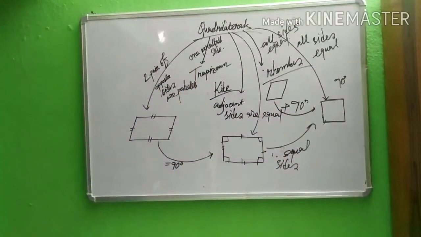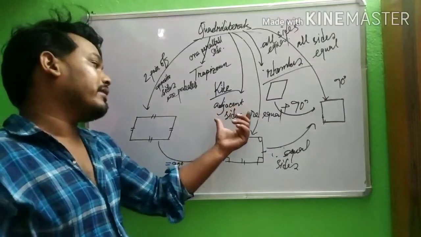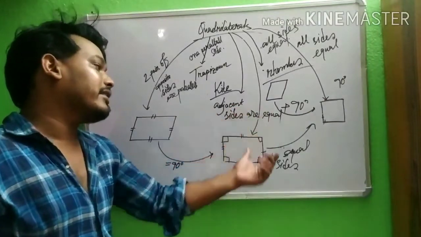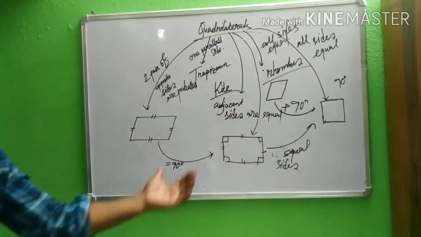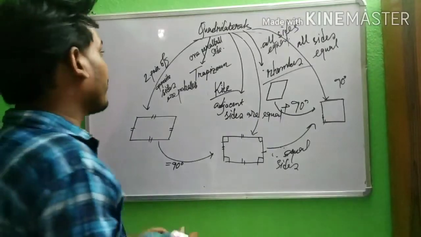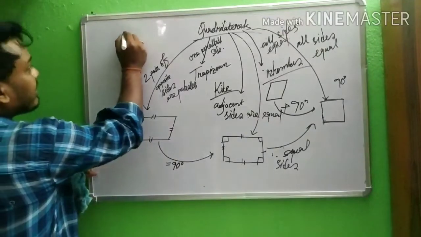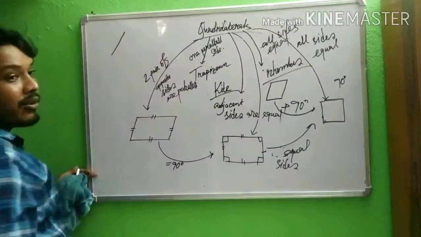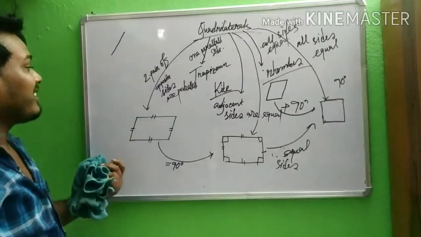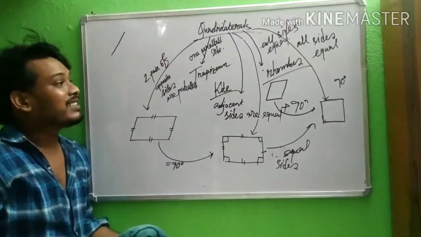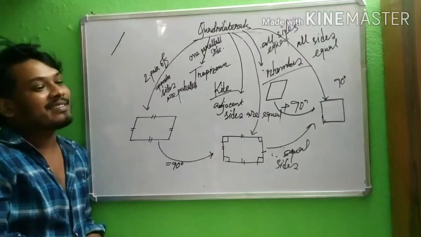So a quadrilateral whose adjacent sides are equal is called a kite. Okay. So adjacent sides, what are adjacent sides?